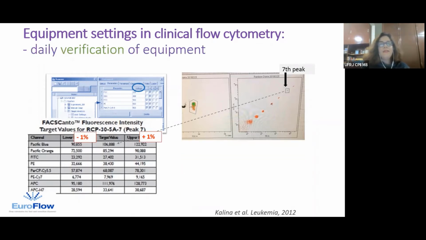And after, we have to verify daily if the calibration is okay, and we use these rainbow beads daily, and we accept a deviation of less than 1% of the target value, unless the parameters are systematically deviating day by day. After 3 days, we have to recalibrate the equipment.